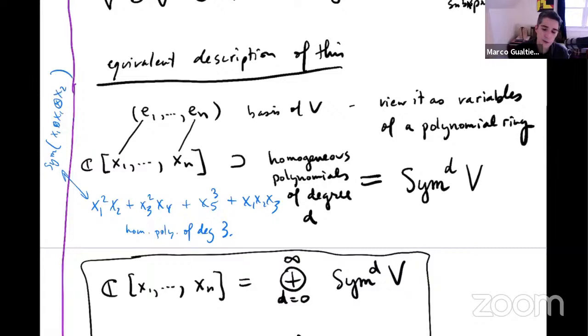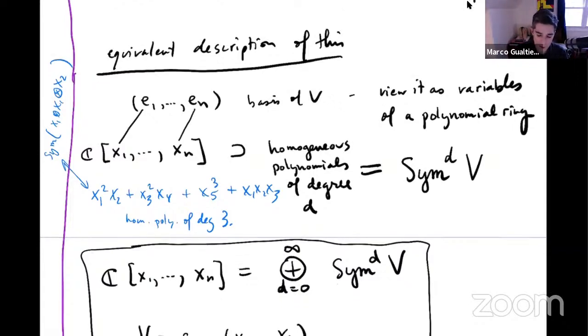What you could do is say that what this really means is that you should take x1 tensor x2 plus all of its permutations, just to force it to be symmetric. And then the polynomial that you assign to that is just this one. So this is a way of labeling symmetric tensors by polynomials. And that labeling is a one-to-one labeling.